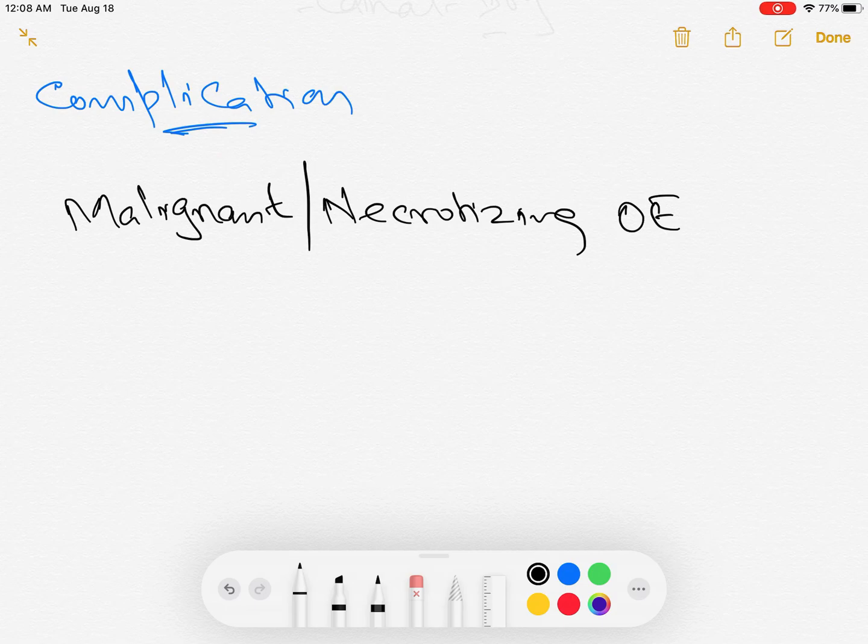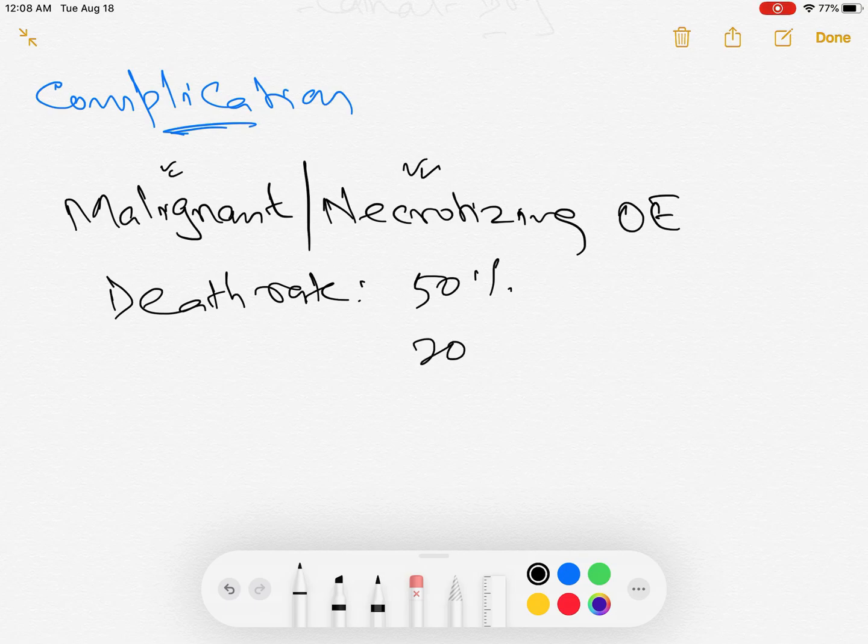The reason is that malignant is not the accurate term. Actually, necrotizing is the more accurate term. The malignant was given back in the day because the death rate from this infection was roughly 50%. These days, now that we have a lot of antibiotics, the death rate is still somewhere between 20 to 30%. So it's really bad.